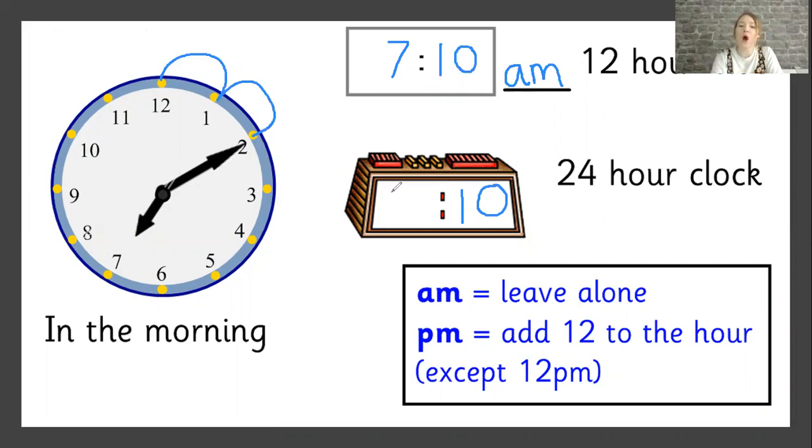So it will become 07. So we've not added any 12 hours to it because we don't need to. It's still in the morning, so it's still 7 AM. But you need to make sure there's 4 digits because on your digital clocks that you can see, there's always 4 digits that are there. So it'll be 0, 7, 10. So 10 past 7. Excellent.